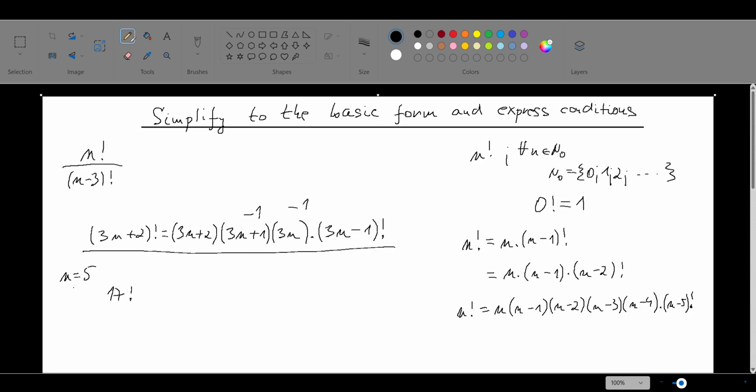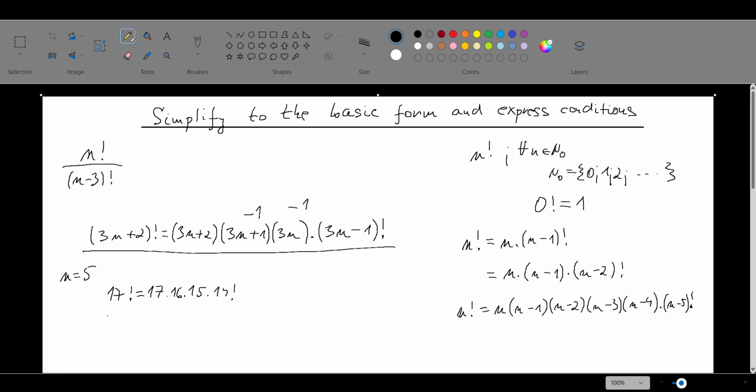So this expression for n being equal to 5 represents 17 factorial, which, without calculating the values of each expression here, you already know must be equal to the multiplication of these numbers, and as we have 1, 2, 3 factors, we should finish at the fourth, so this is 14 factorial.